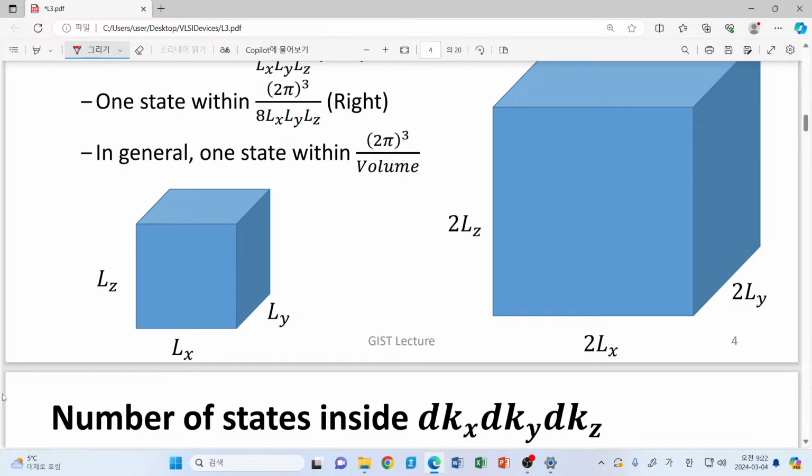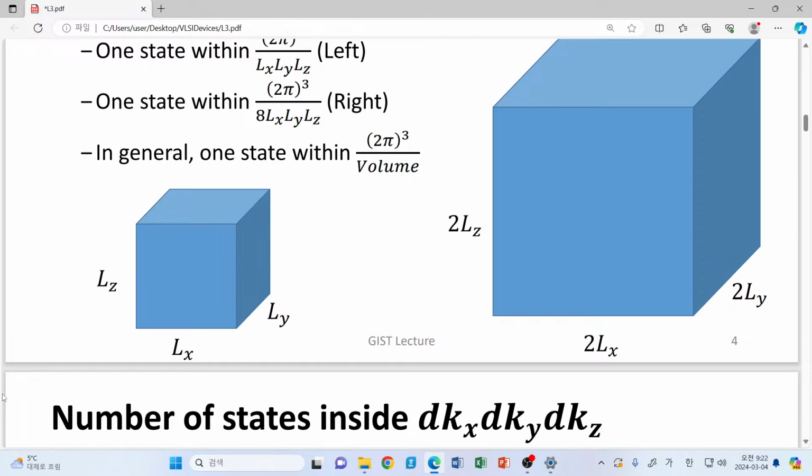This is a relatively small one, let's say. And now we magnify it by a factor of 2 in each direction. So the x-directional length is twice, the y-directional length is twice, and the z-directional length also becomes twice.